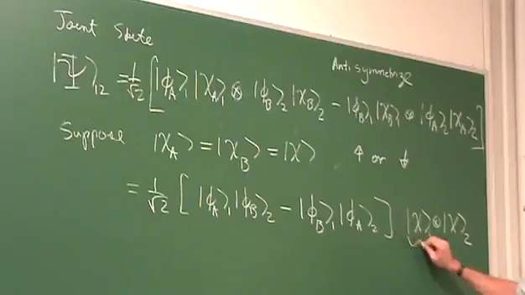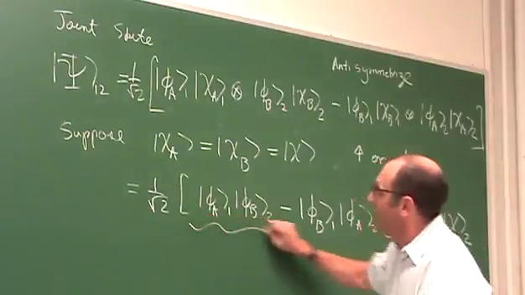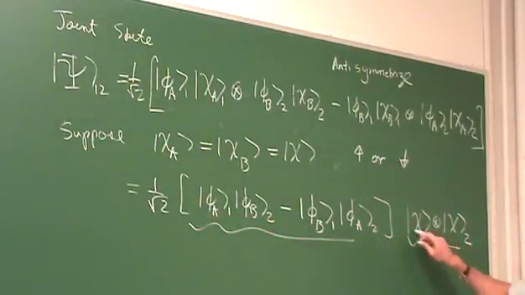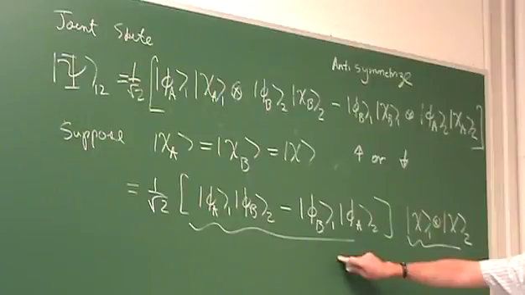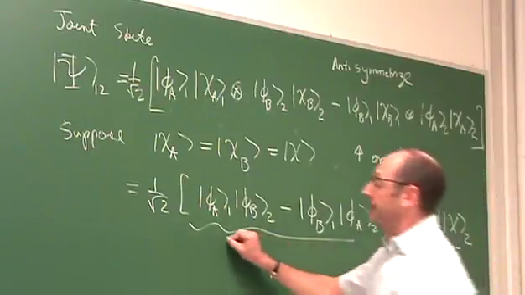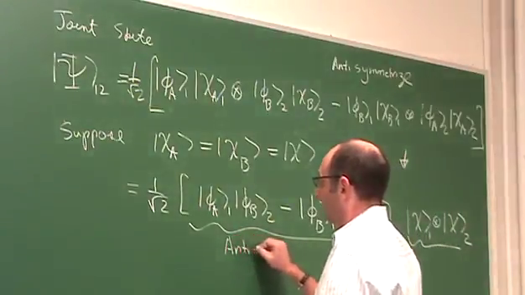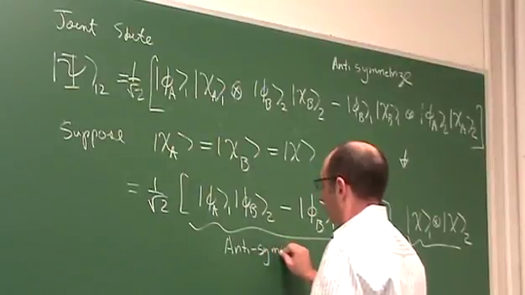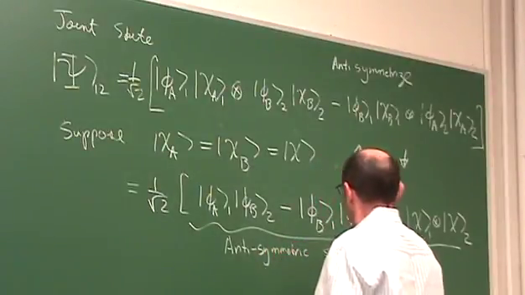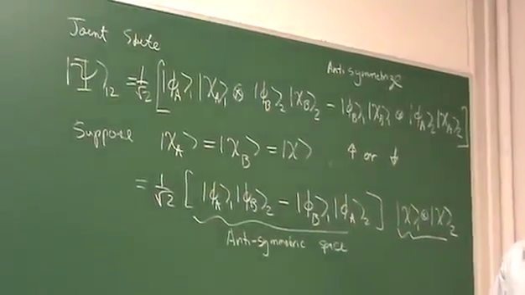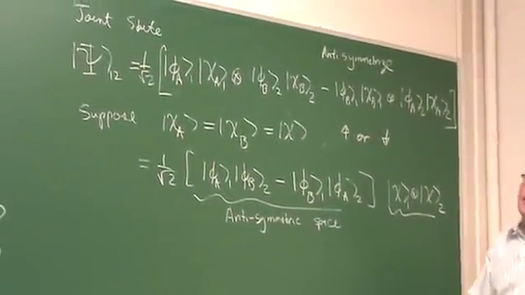So in this case, both electrons are either both up or both down, and the spatial wave function is antisymmetric. Antisymmetric here is with respect to exchange, not parity.